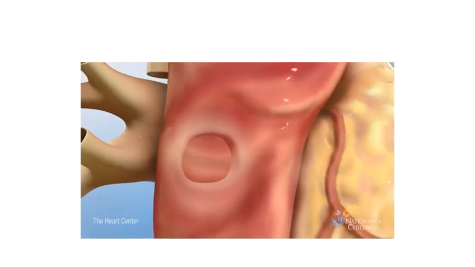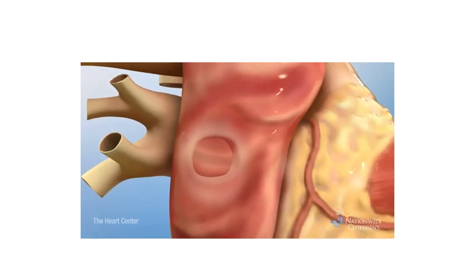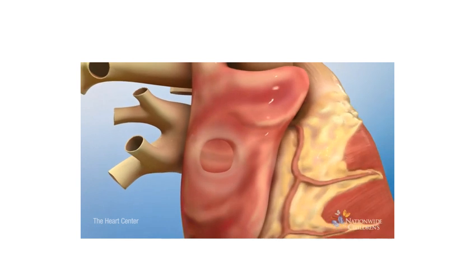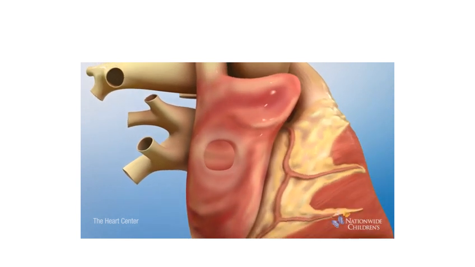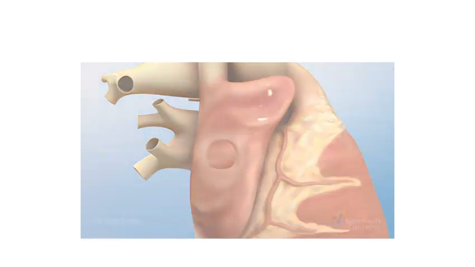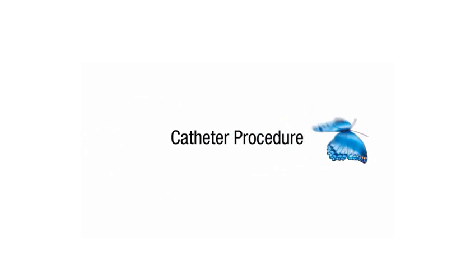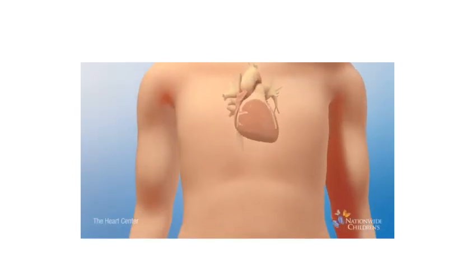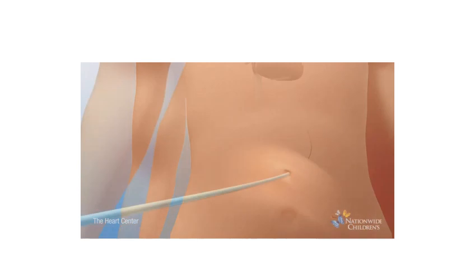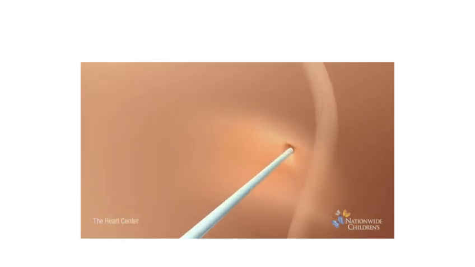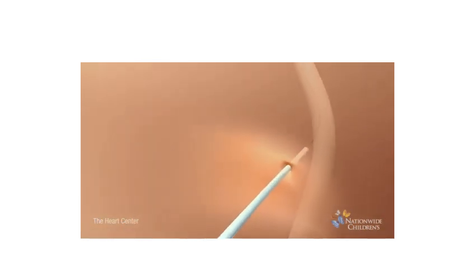If the hole is large or hasn't closed by age 2 to 5 years, a catheter or surgical procedure may be necessary. During a catheter procedure, a tube called a catheter is inserted through a small incision in the child's groin.